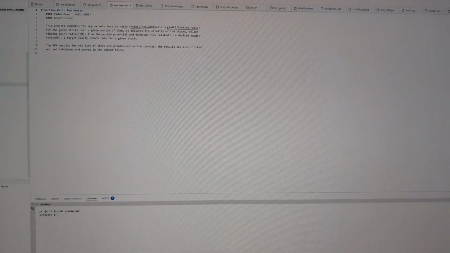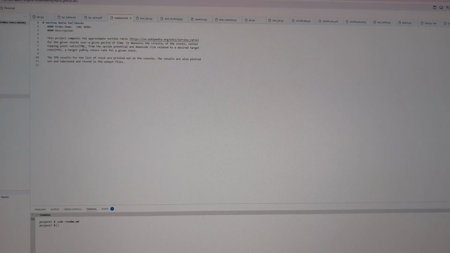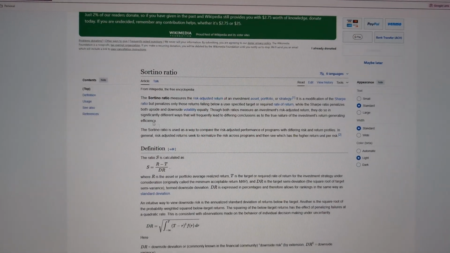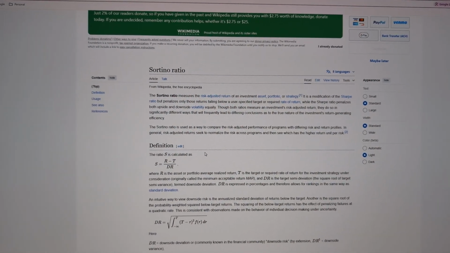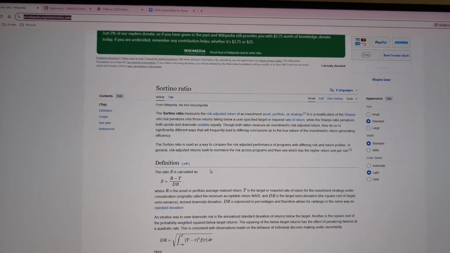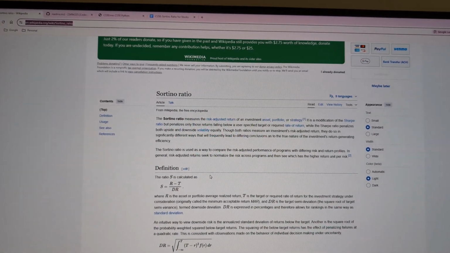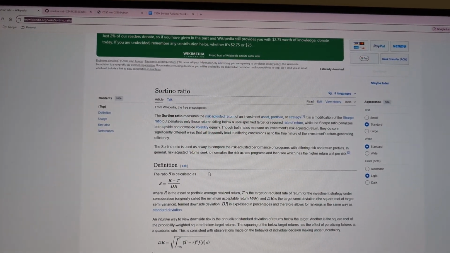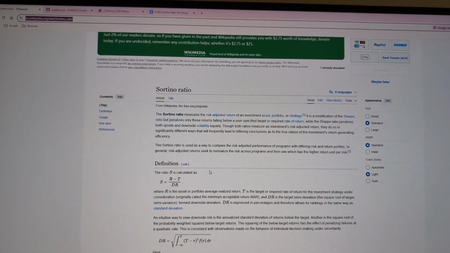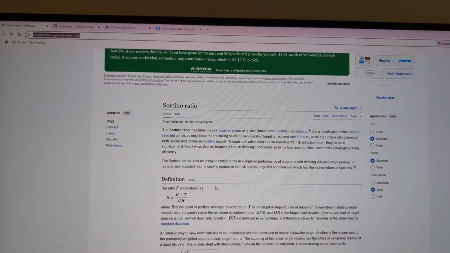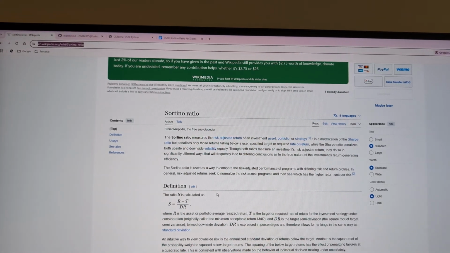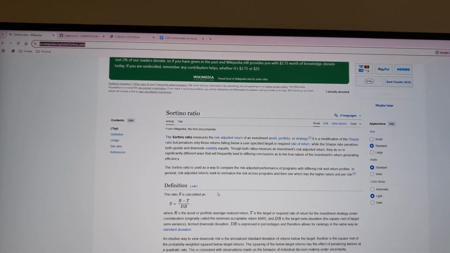So the Sortino ratio is something that measures how much life a stock is having. It's modeled by two aspects of a stock over a period of time.